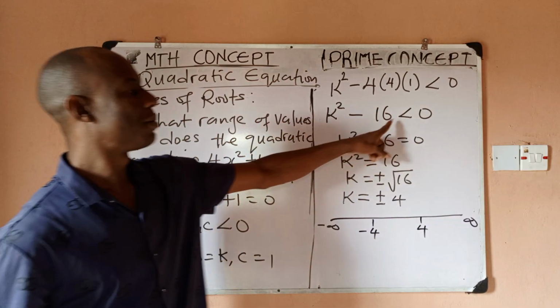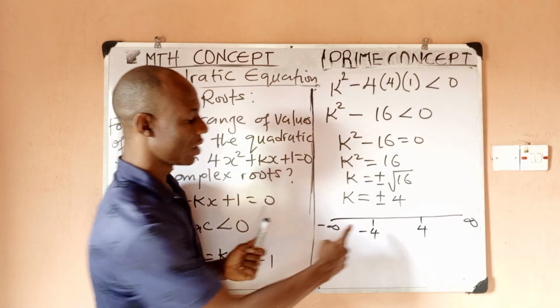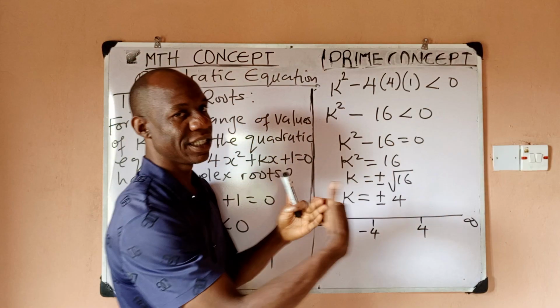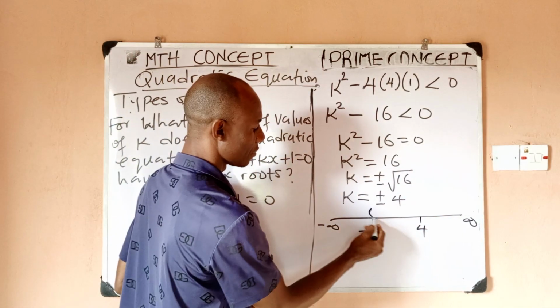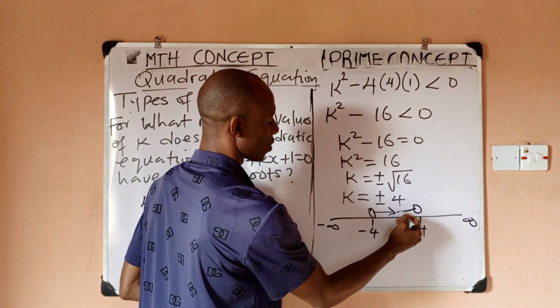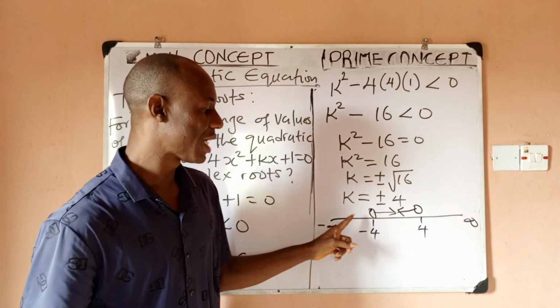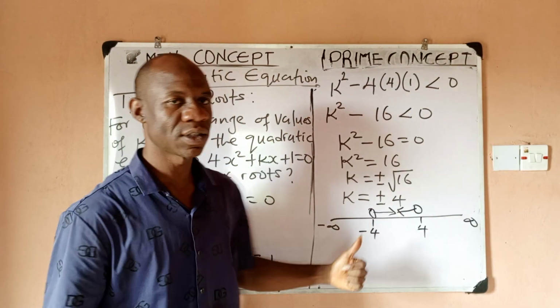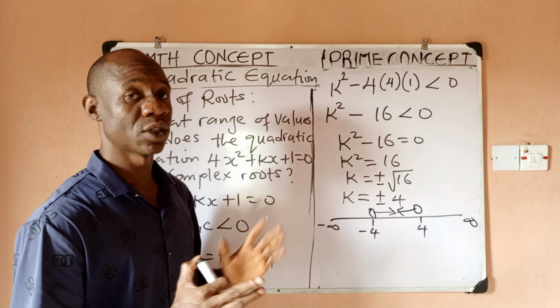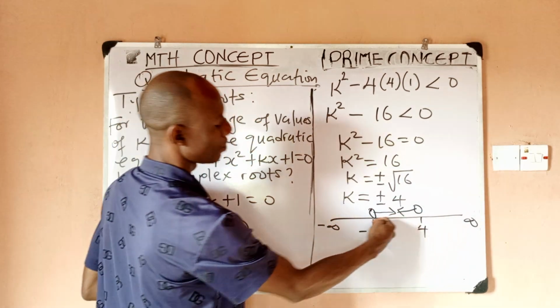Now, since I am dealing with a less than, it simply means these two values will meet each other. So if I'm moving from this point, I will go towards this. When this one is moving, it will come towards this. So whenever you have a less than, it means that the two values would move towards each other. This is just a short way for you to learn it.